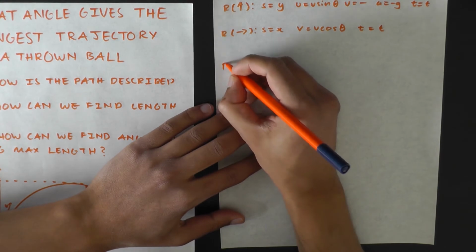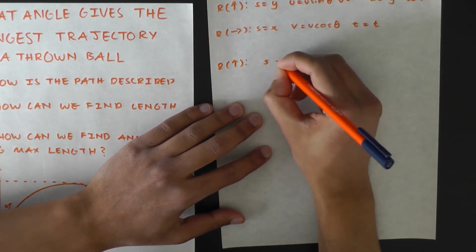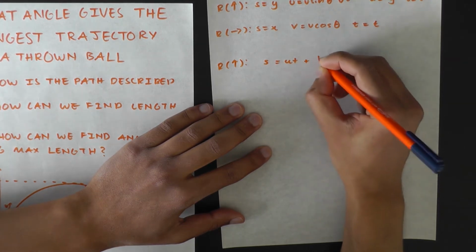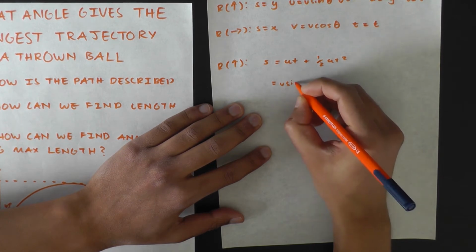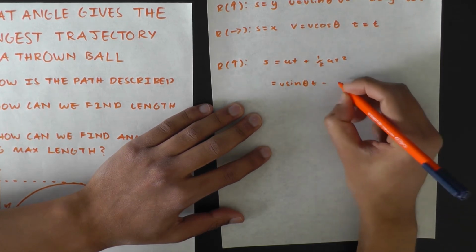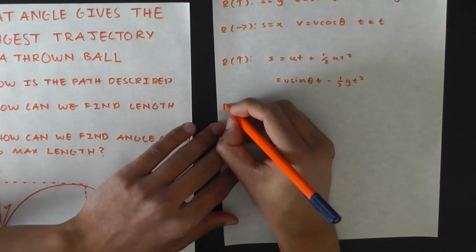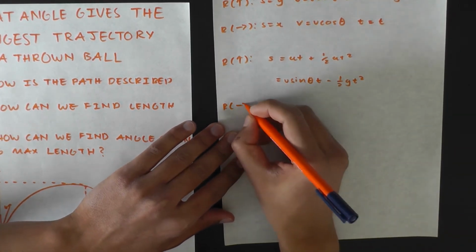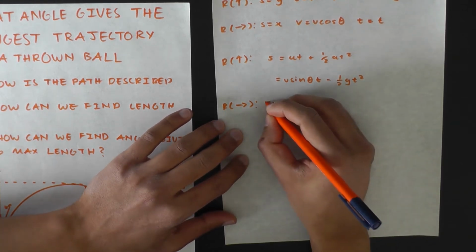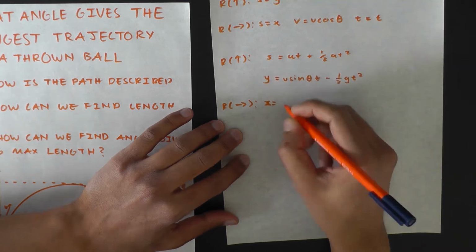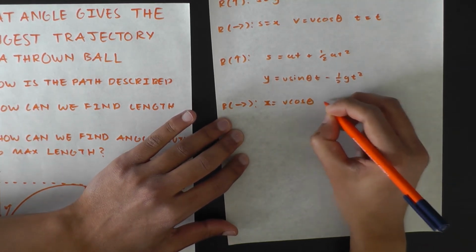If we go to the top resolved one, using the equation s equals ut plus half at squared, we get y equals v sine theta t minus half g t squared. Across, we get x equals v cos theta t.